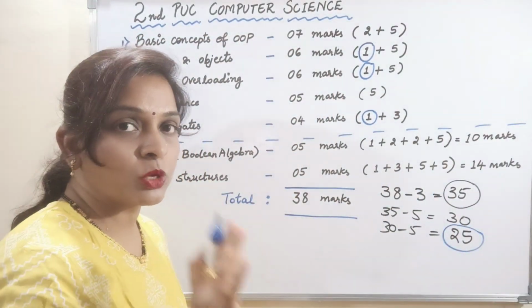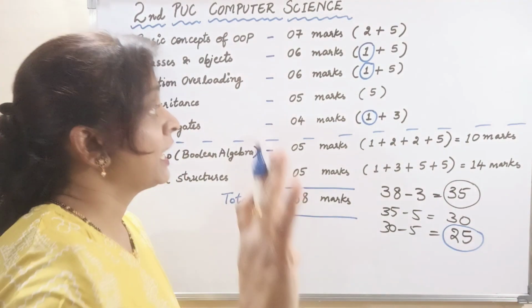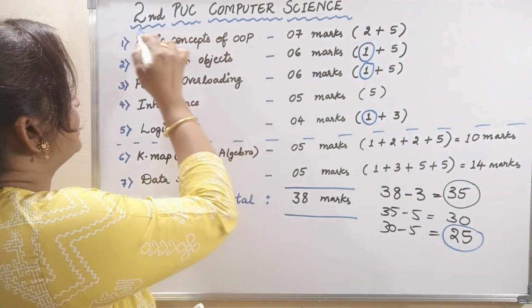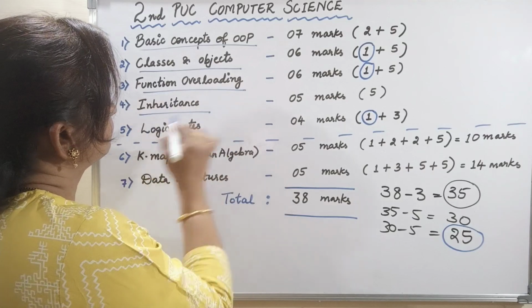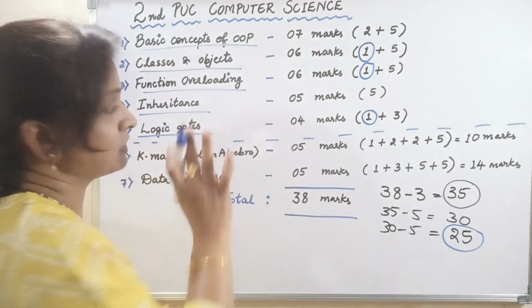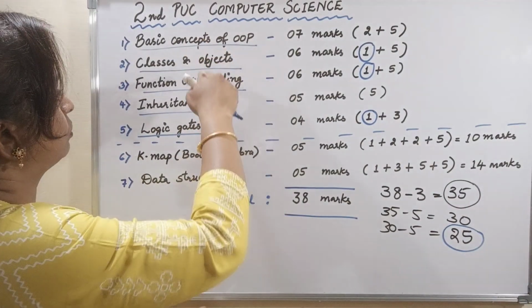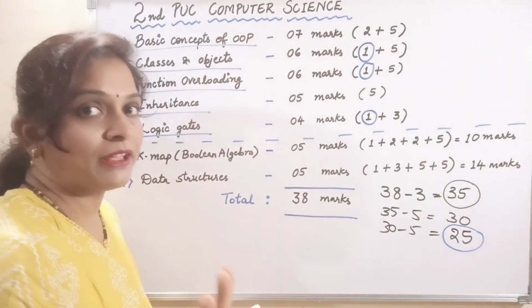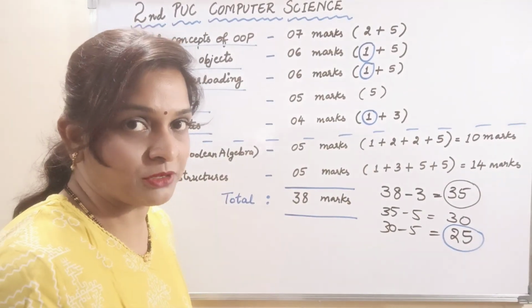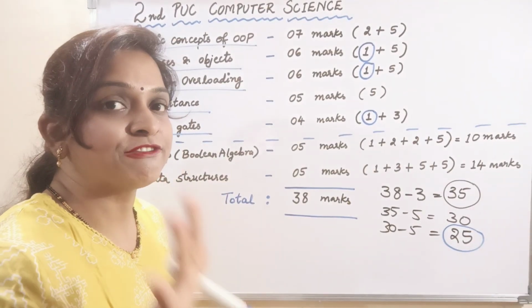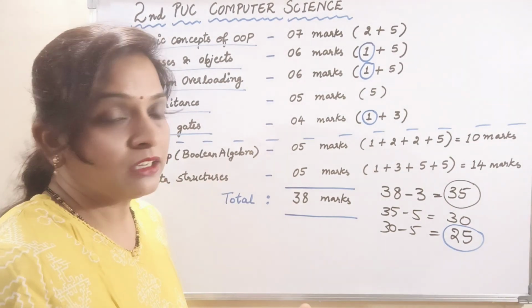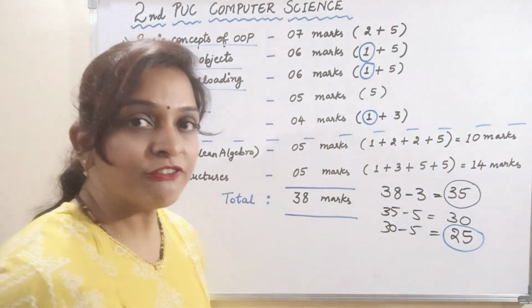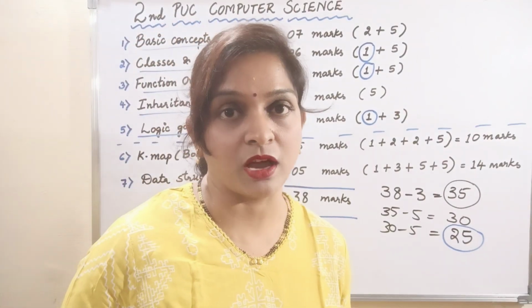You can score 21 to 25 marks if you read these chapters completely. How many chapters? 1, 2, 3, 4, 5. Only 5 chapters out of 17 chapters. If you read only 5 chapters completely, thoroughly, then you can definitely score 25 marks.